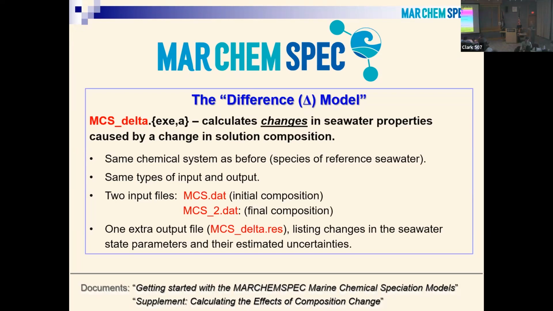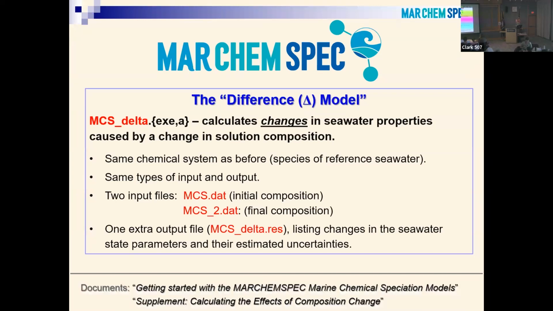So all the output files are the same, except with the addition of one, which is mcs_delta, which lists the changes in the seawater state parameters and their estimated uncertainties. And you might say, what's the point of going to the trouble of a special program for this?